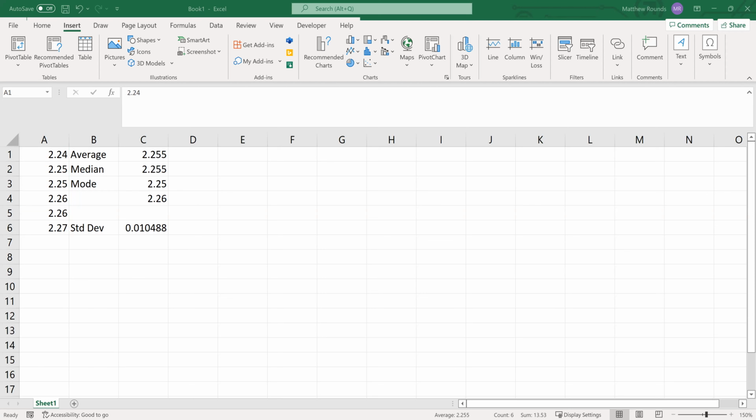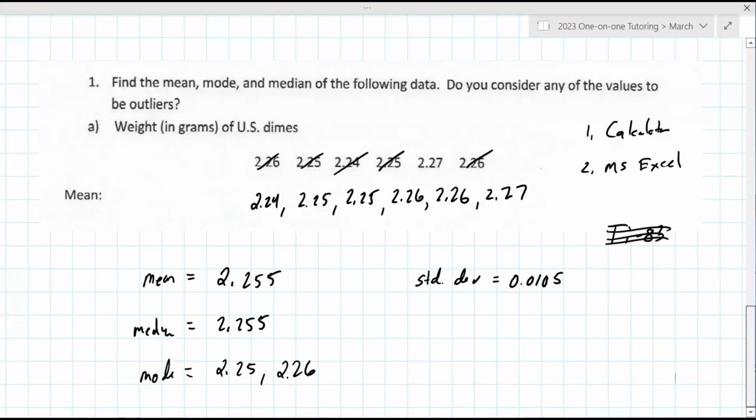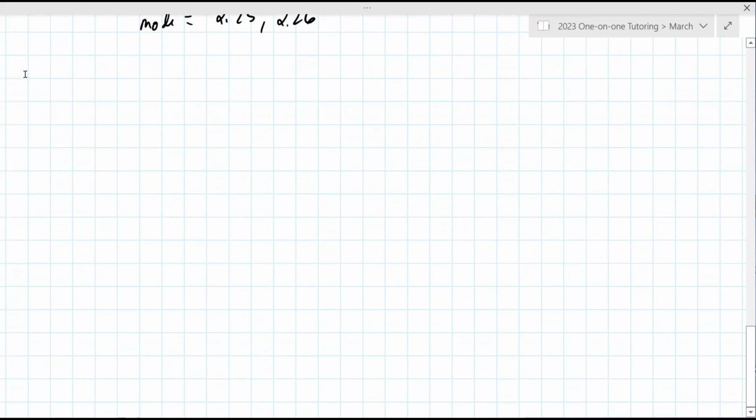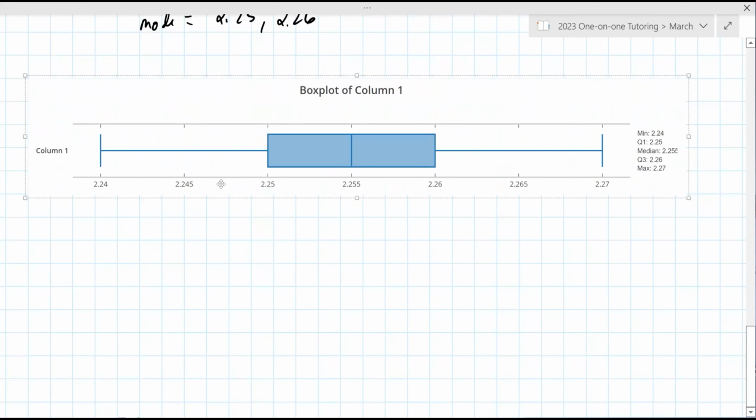All right. Okay, so let me share a different screen. So I know you probably think, what is he doing? I'm doing stuff in the other screen, trying to get to where I can explain some of this. So here is a box plot of the data. Okay, and it looks fairly uniform.